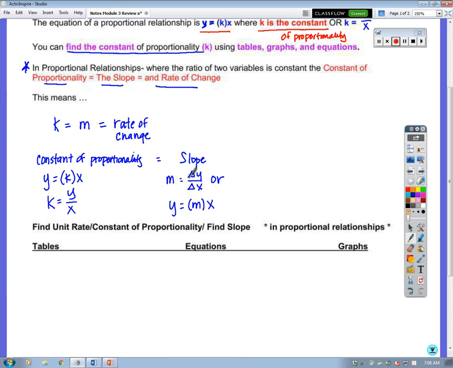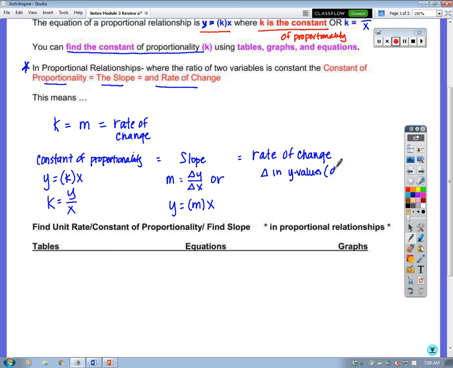Remember this little triangle here that indicates change. And these two are equal to rate of change, which we have as the change in y values, or we call this what?